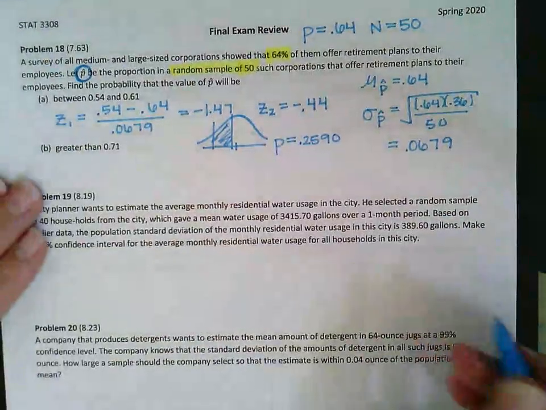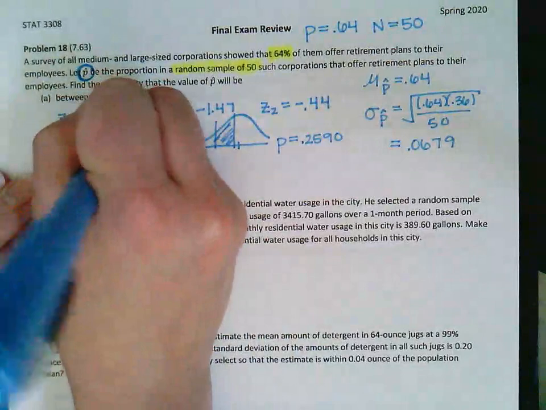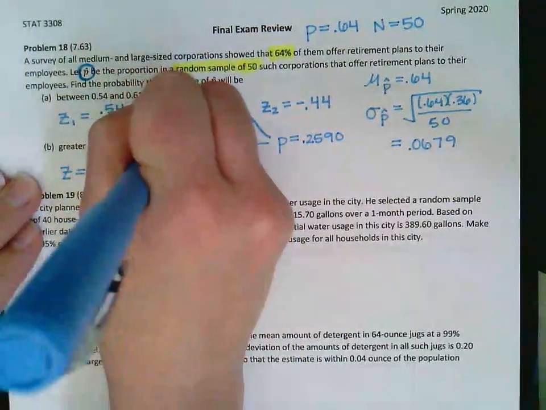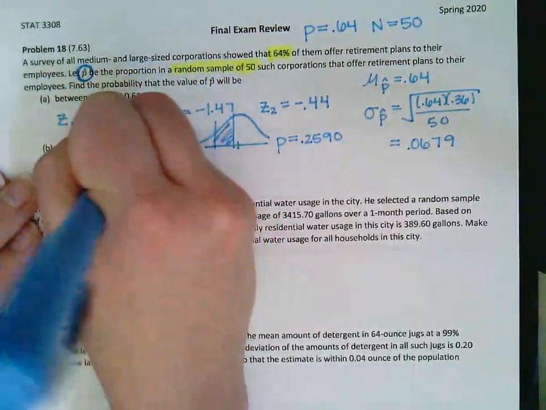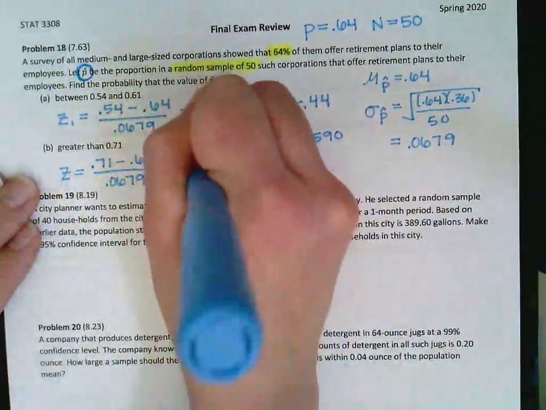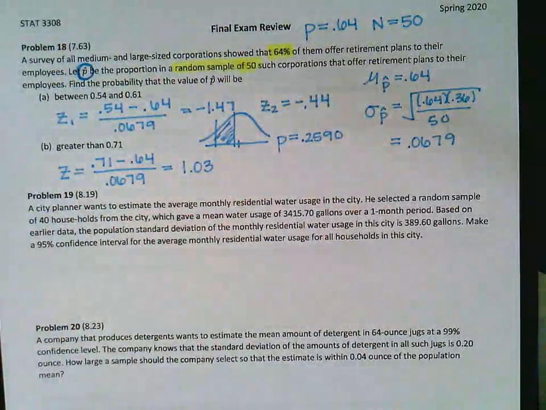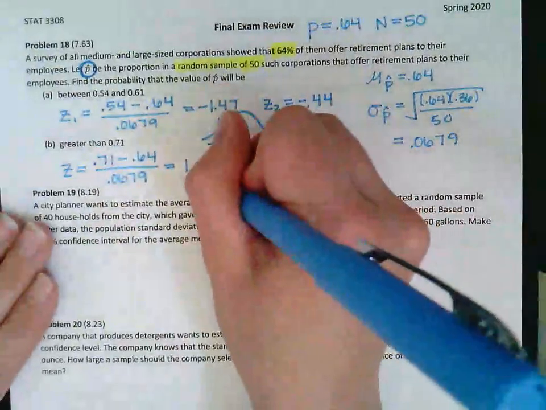Now part B, if I want to know greater than 0.71, I'm going to say 0.71 minus the mean all over the standard deviation. And I get 1.03. So 71% is about 1 standard deviation above the mean.